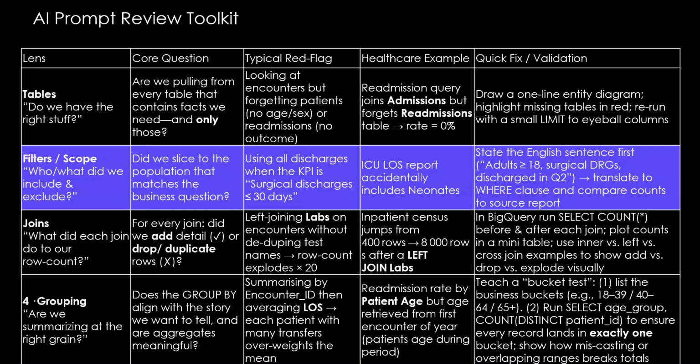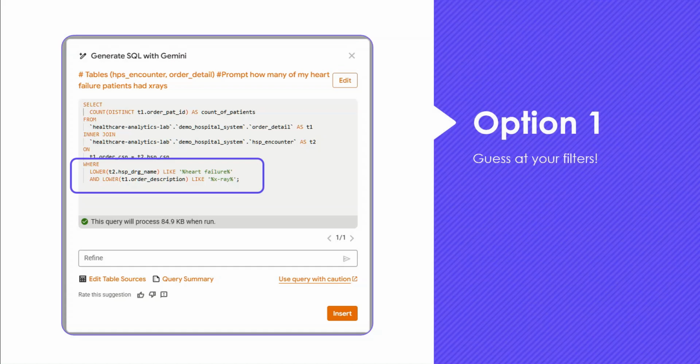Next is filters or scope. This is the who or what did we want included or excluded to make sure it's looking at the right population, it's looking at the right year, it's looking at the right time, whatever the case may be. So I'll give you option one, option two again.